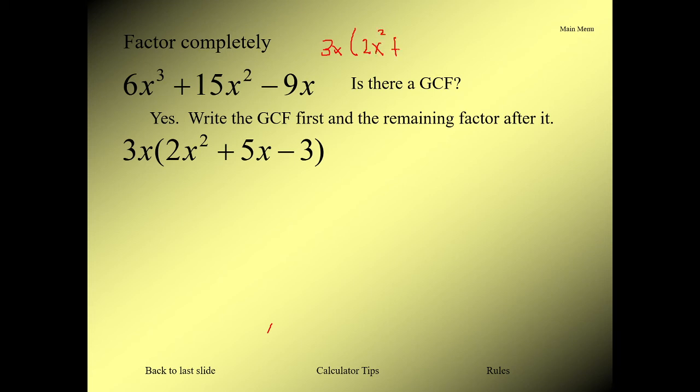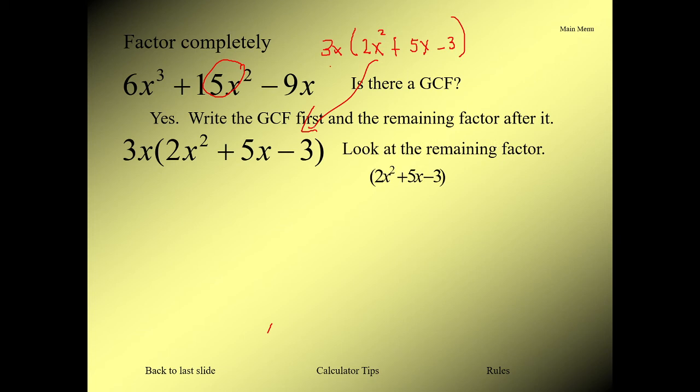Then 15x divided by 3x is 5x. So 5x times 3x, that's 15x squared. Then minus 3.